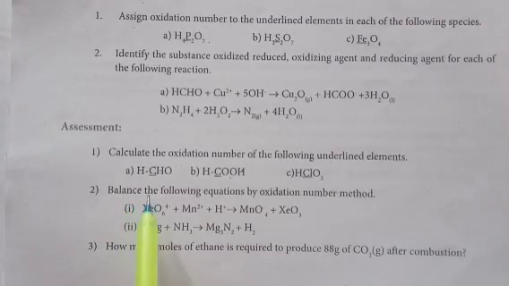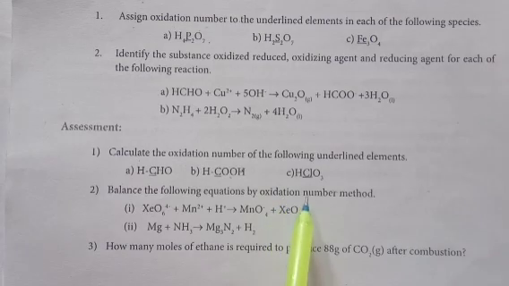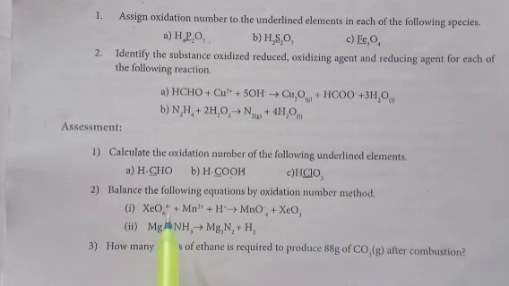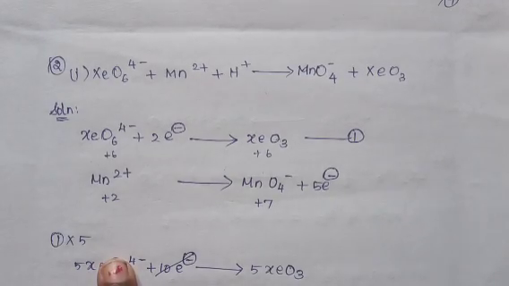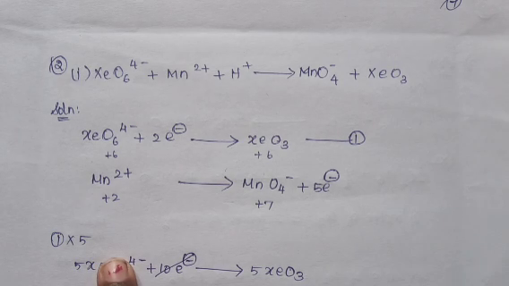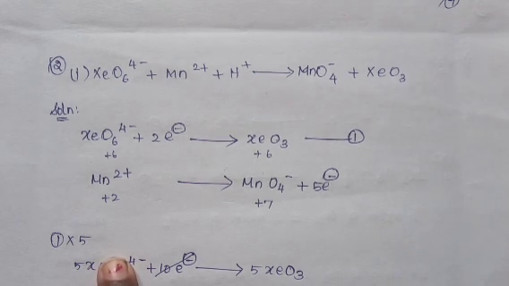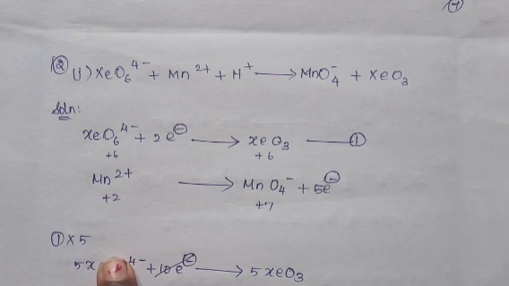Next, second one: balance the following equations by the oxidation number method. They have given two subdivisions. So second question, first one: XeO6 4 minus plus Mn2 plus H plus gives MnO4 minus plus XeO3.